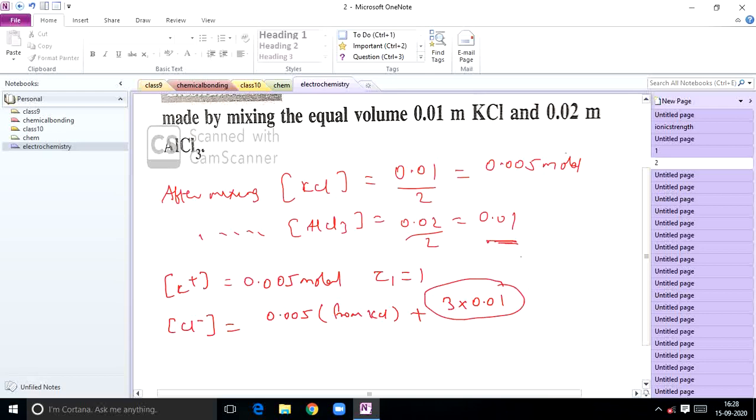See here, concentration of AlCl3 you have to take 3 times. This is from AlCl3. Okay. So finally, if you calculate this, you will get 0.035 molal. Okay. So concentration of K+ is taken as Z1, and concentration of Cl-, how much, students? This one, and you have to take this one as Z2. So actually chloride ion, here Z2 you can take it as 1.